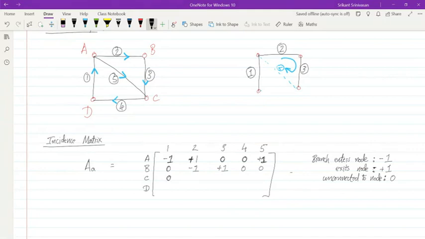Everybody is clear about what's happening? 0 with respect to 2, 3 is entering C, 4 is exiting C, and 5 is also entering C. So -1. Fine. So what is the last one? D. +1, 0, 0, 4 is -1, and 5 is 0.